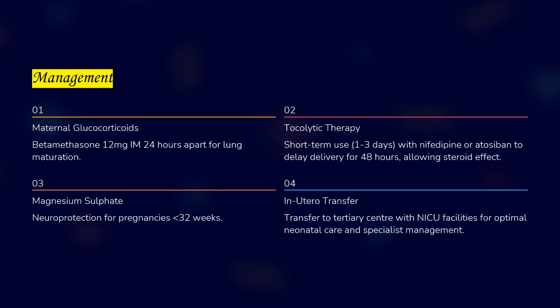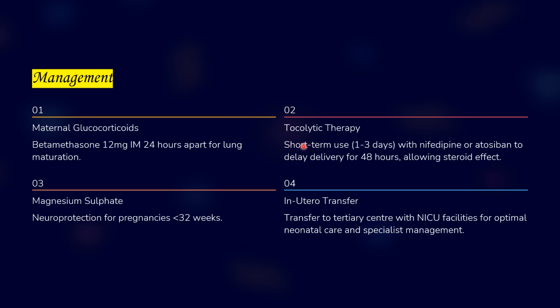We have two drugs that are in use: betamethasone and dexamethasone. Betamethasone we give 12 mg IM, 24 hours apart, whereas dexamethasone we give 6 mg IM, 12 hours apart, and this is given for lung maturity of the baby.